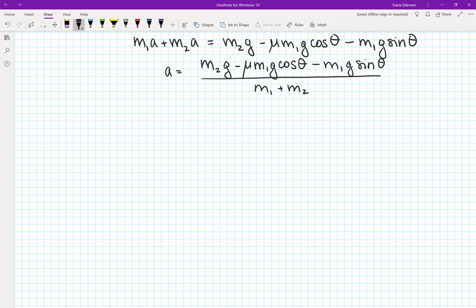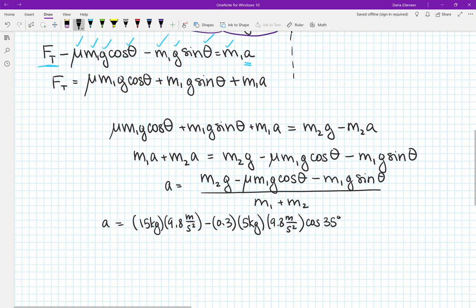Okay, and then I'll substitute all the values in. m2 was 15 kilograms. Obviously g is 9.8 meters per second squared. Mu was 0.3. m1 was 5 kilograms. g again is 9.8 meters per second squared. Cosine of 35 degrees, I believe.